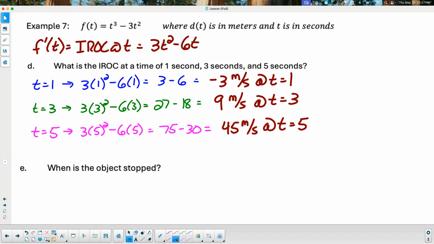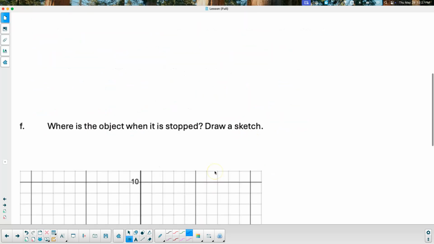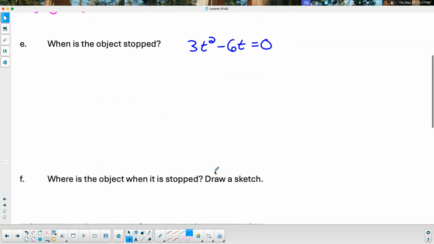So my IRoC was 3t squared minus 6t. If I set that equal to 0 and solve that for t, that's going to tell me where I stopped. Yes? Using your math skills, figure out when our object is stopped.